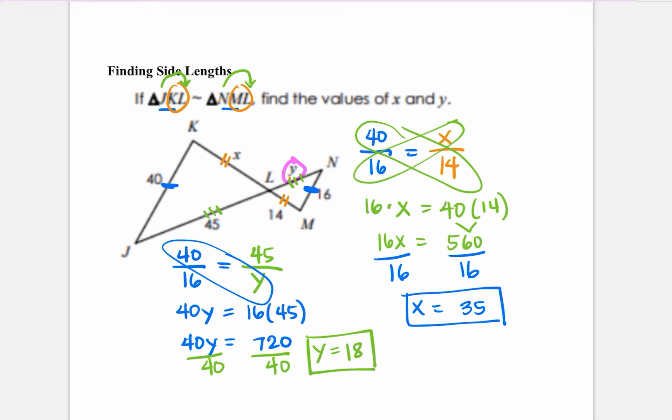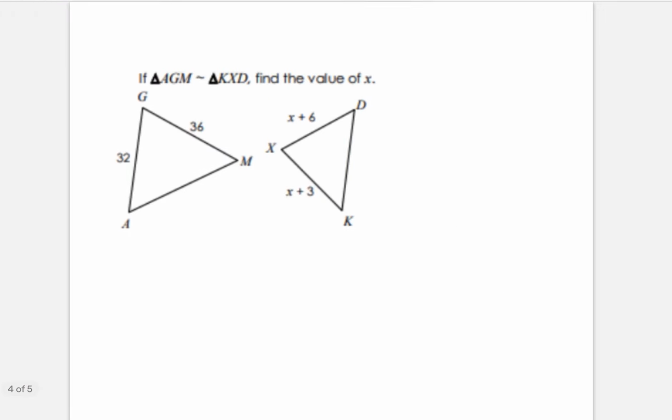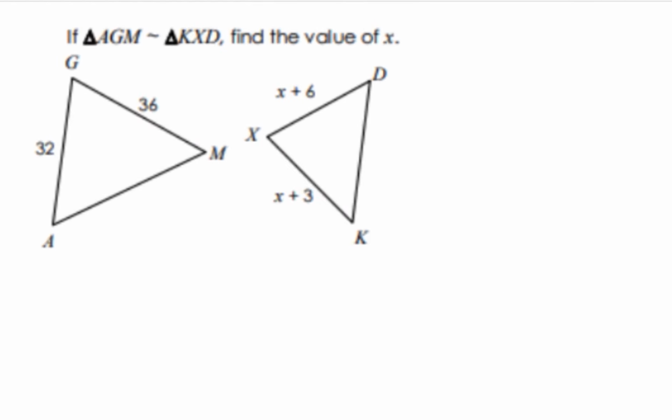All right, let's try another problem. We are asked to find the value of x. Let's create the proportion. We start with AG, which is 32.